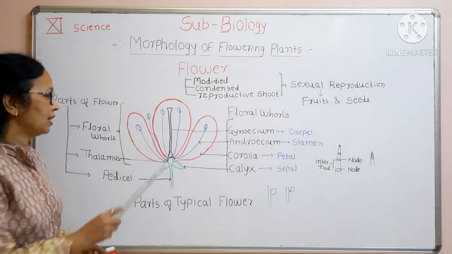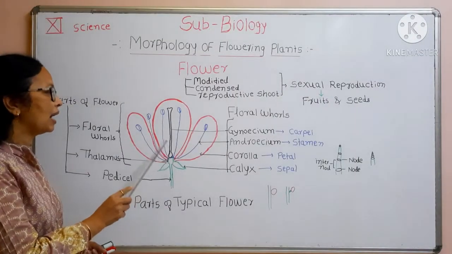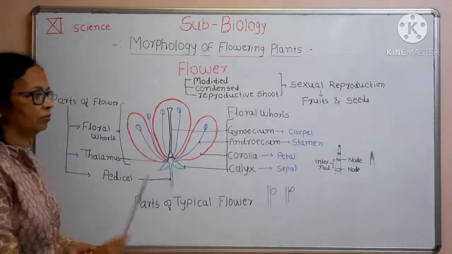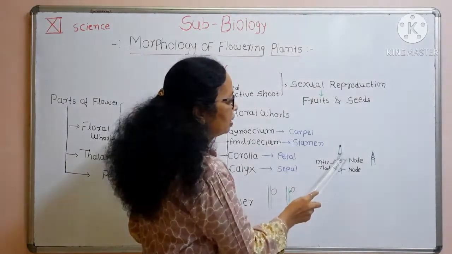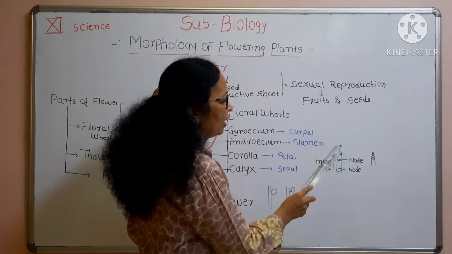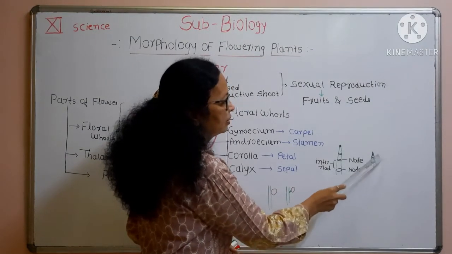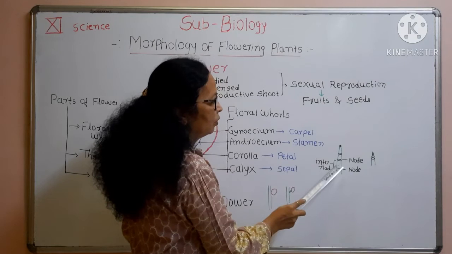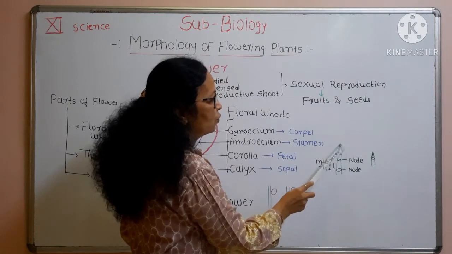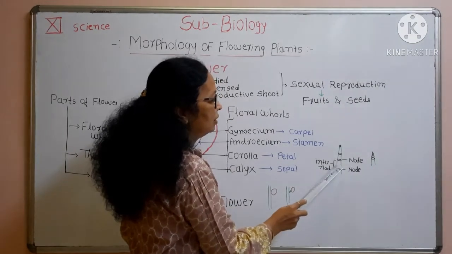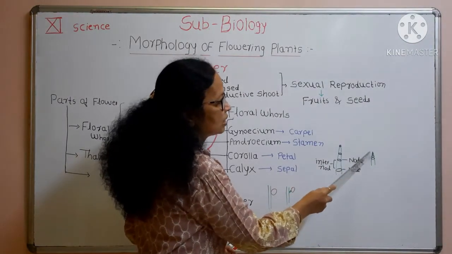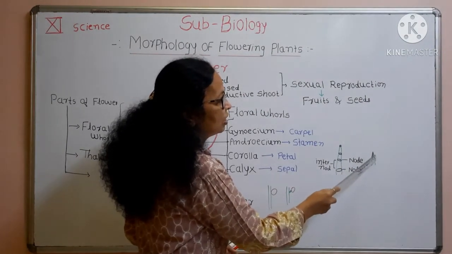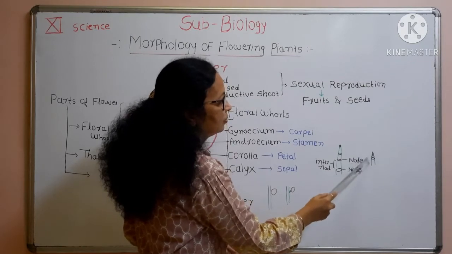Okay. Then in the thalamus, there is a presence of condensed form of 3 internodes and 4 nodes. See here, 1, 2, 3, 4 nodes and the 3 internodes. The internodes are compressed and these nodes are close to each other, condensed.